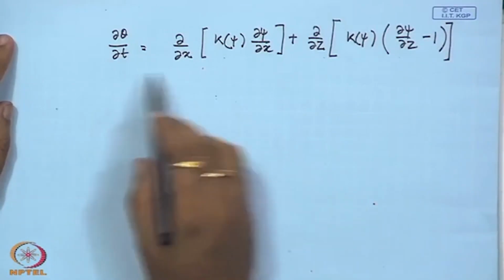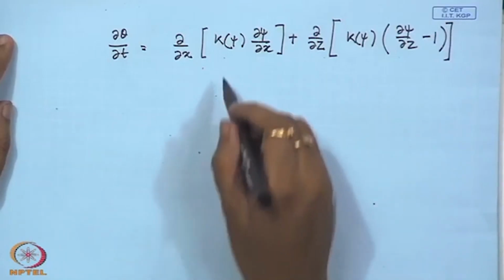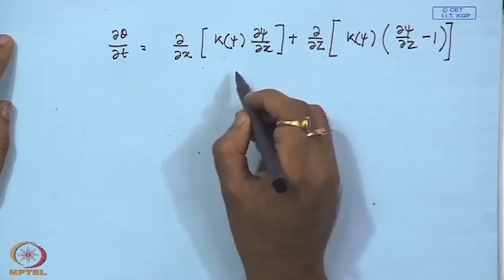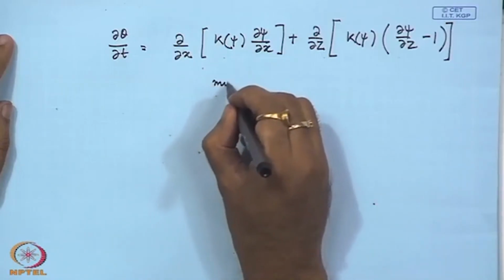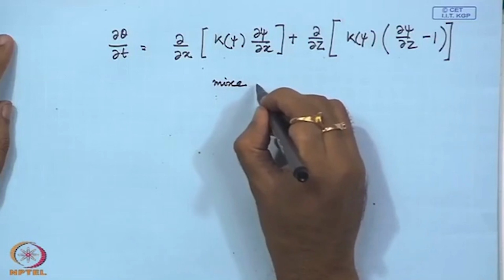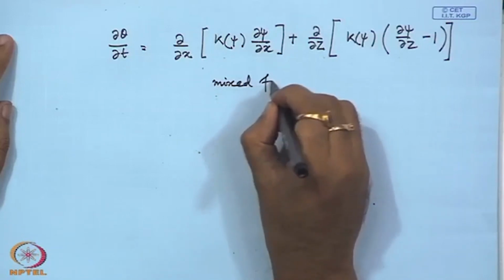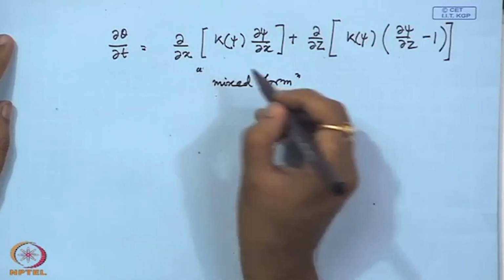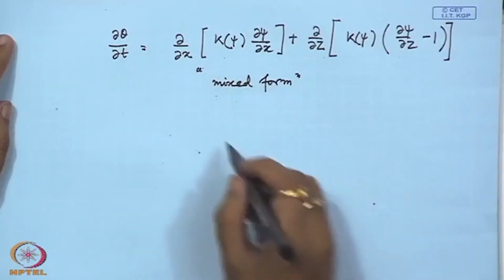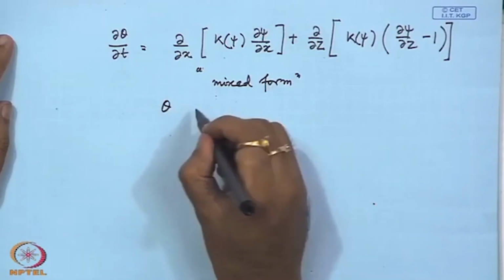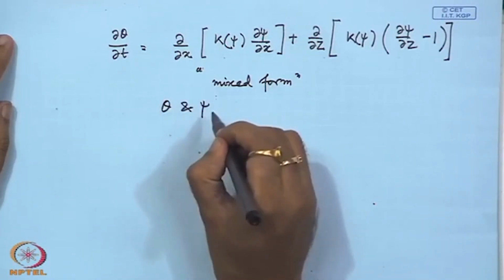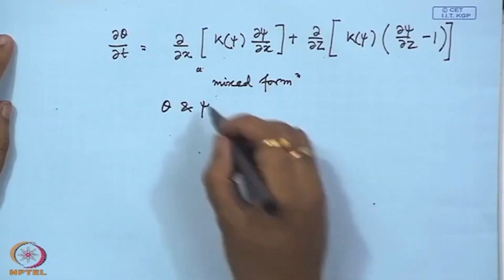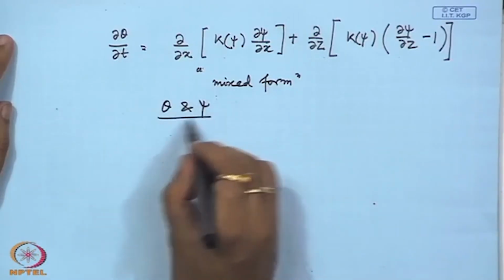So, this particular equation is called the mixed form equation because it includes both theta and psi in a single equation.